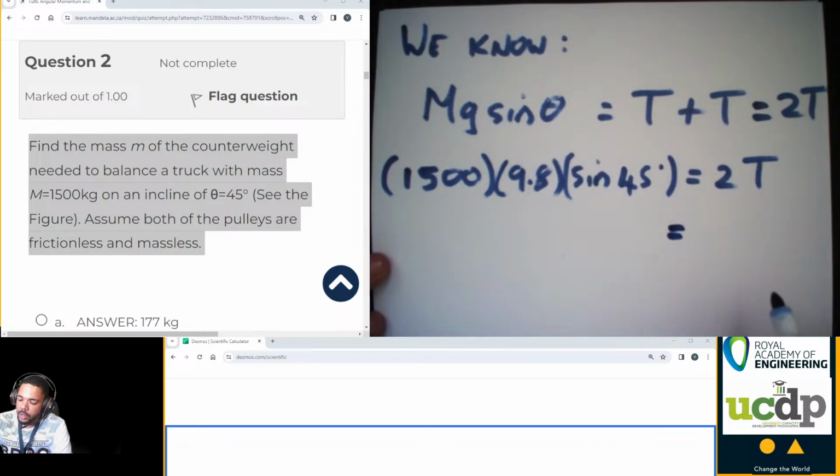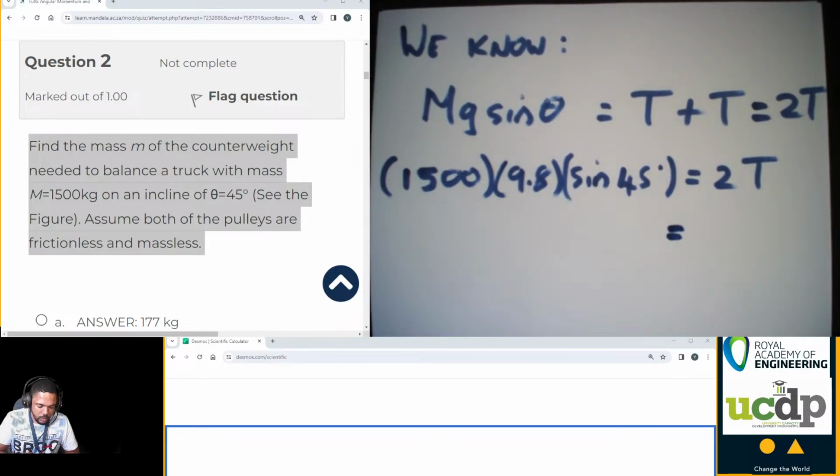Now, if we calculate it out, sine of 45 is 1 over square root 2. Let's just make sure. 1,500 multiplied by 9.8 multiplied by 9.8 multiplied by the sine of 45 degrees, close the bracket. You can check on the calculator at the bottom.